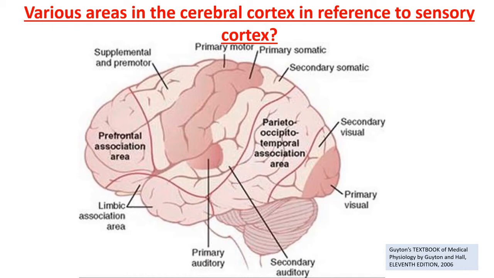On this side you have the occipital cortex, the primary visual. On the other side you have the frontal cortex, the frontal association area, where the supplementary motor area and the premotor area are located. In the lower part, that is the limbic association area, where the hippocampus and all the memory-linked issues are. Just to give you a brief idea about how the sensory modalities are going through.